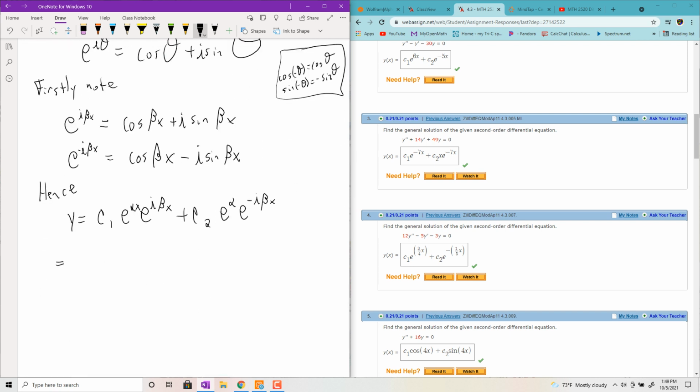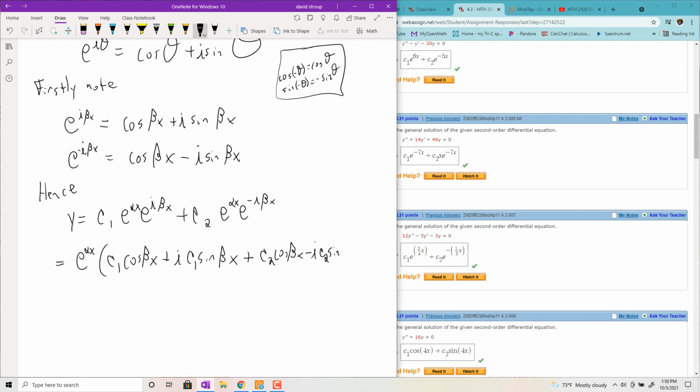Factor out the e to the alpha x. So we have c1 times cosine beta x plus i c1 sine beta x, and then plus c2 cosine beta x minus i c2 sine beta x.